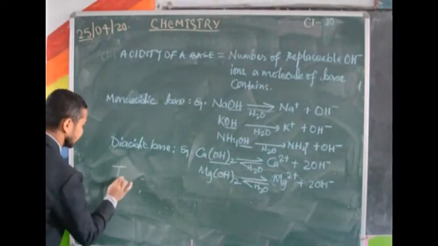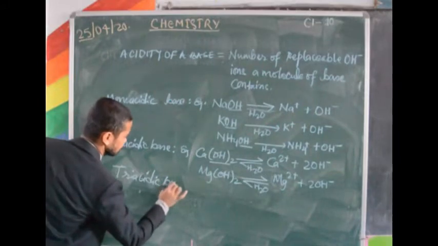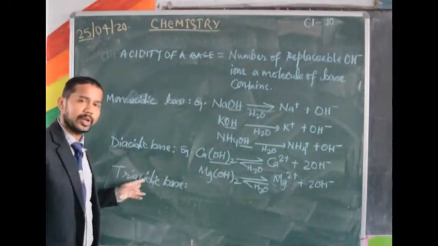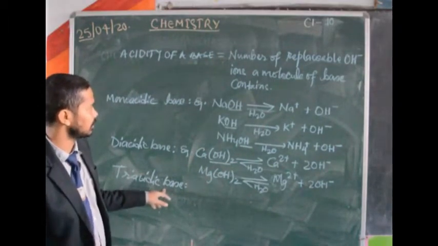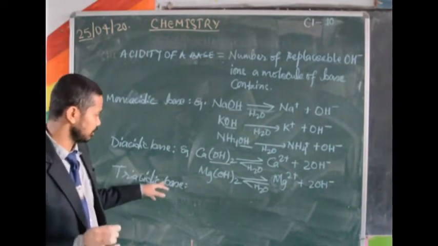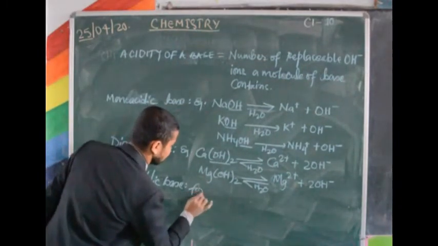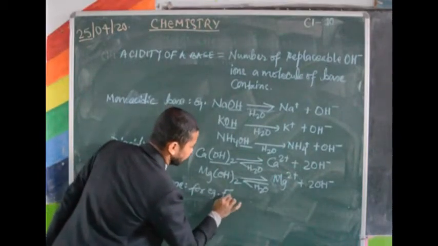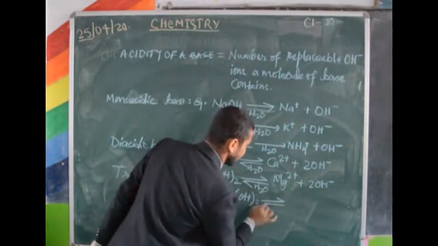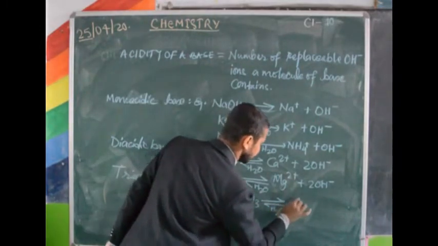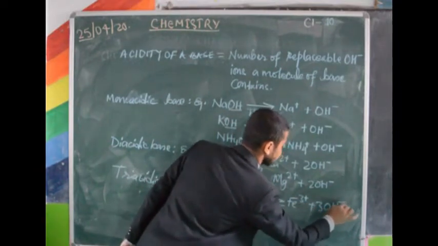And then triacidic base, by the name itself, tri. When one molecule of this base dissolves in water, it can produce 3 hydroxyl ions. For example, Fe(OH)3. When this dissolves in water, it gives Fe3+ and 3OH-.